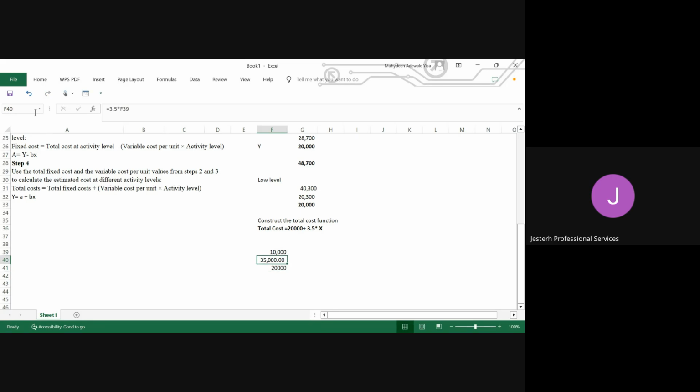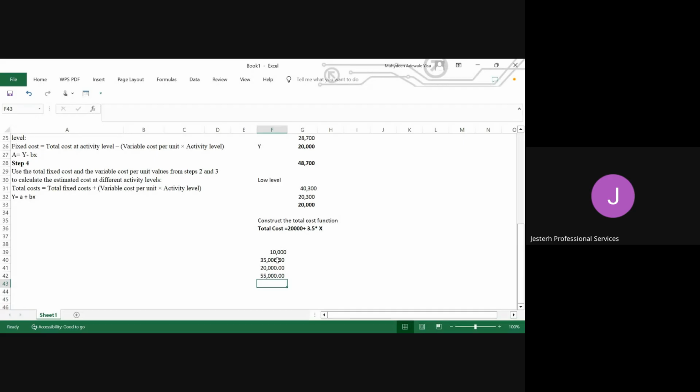Let me use the same format. We'll just say the fixed cost plus the total variable costs. Here, our total cost is going to be 50,000 because our level of activities increases from 8,200 to 10,000.